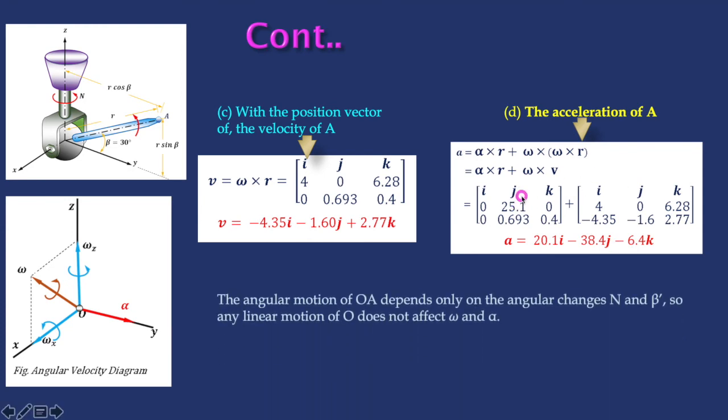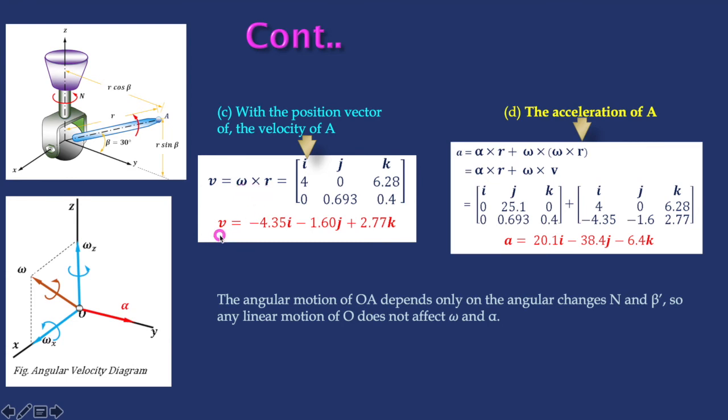You notice here that this angular velocity or this linear velocity or linear acceleration of A does not depend on the overall motion or linear motion of O, because v is a function of omega and r.